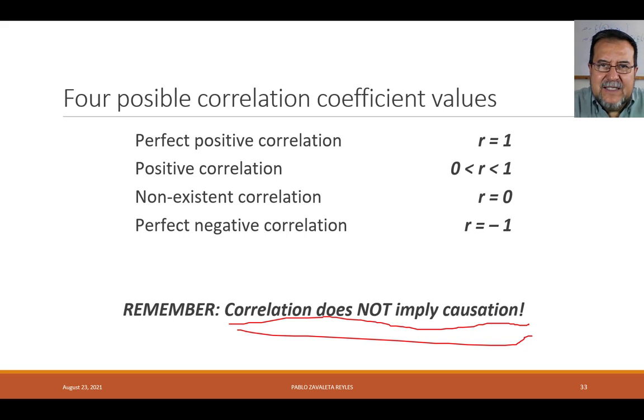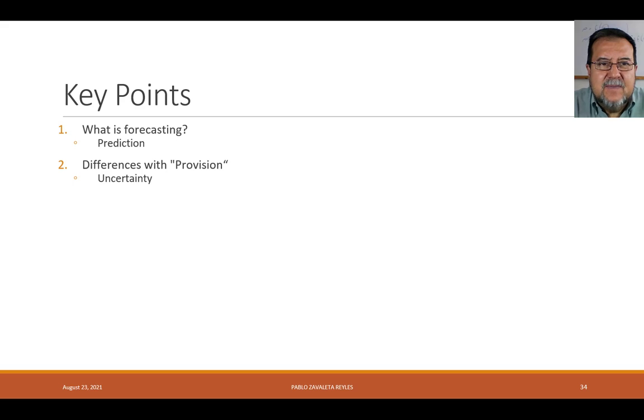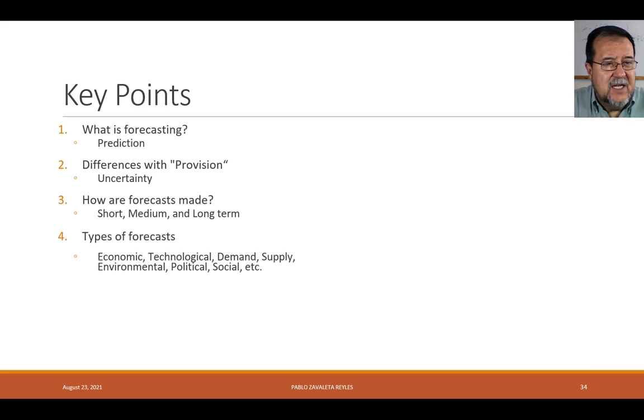Please do not forget this. So, what have we seen in this video? What is forecasting? A manner of prediction. What are the differences with provision? Uncertainty. How are forecasts made? For the short, medium, and long term. What types of forecasts? We've checked economic, technological, demand, supply, environmental, political, social, etc. What are the stages in forecasting?